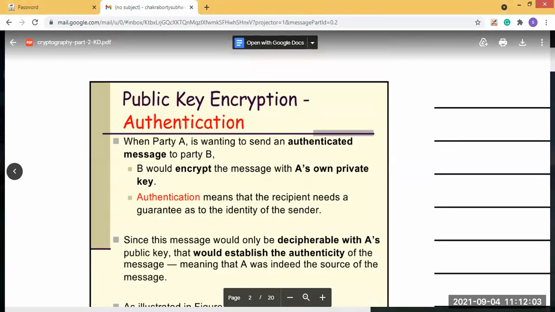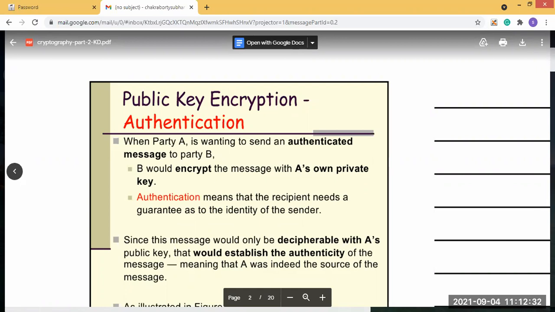Now, another one is authentication. So what is authentication? When party A wants to send an authenticated message to party B, A would encrypt the message with A's own private key.